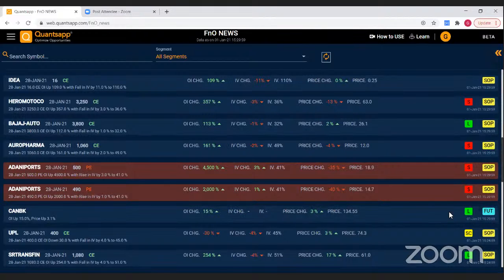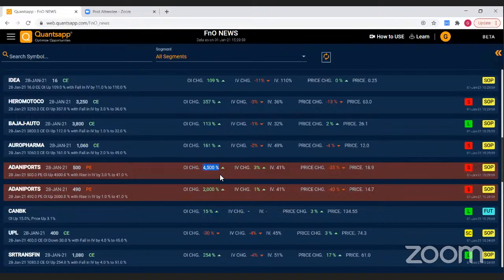Both put options were on the short side, which means the put writers are expecting the prices to be slightly on the high side. The 500 put option has an OI change of nearly 4,500.